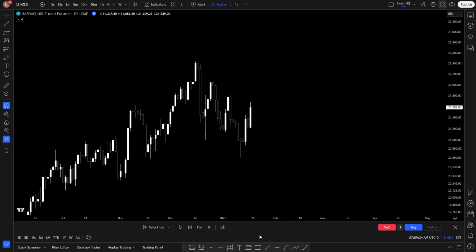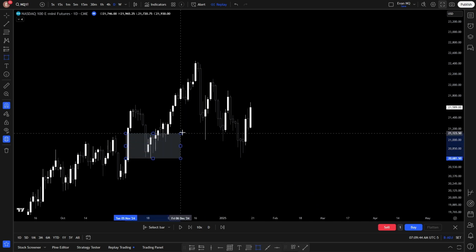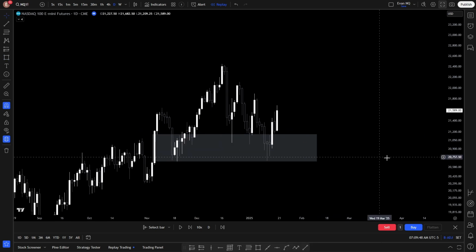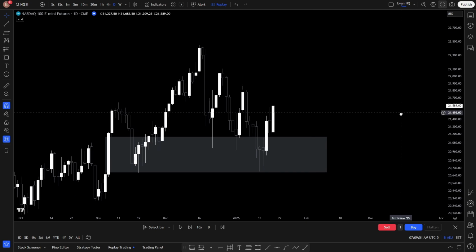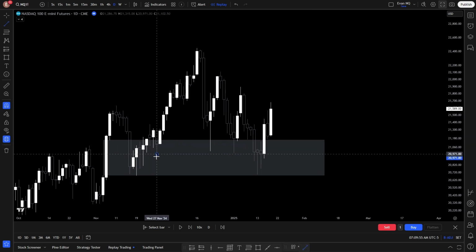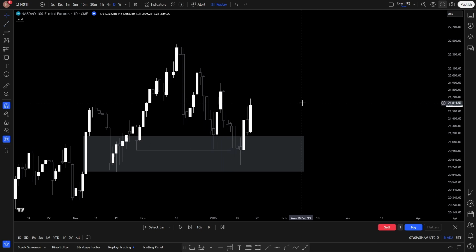So usually when I try to find the draw on liquidity, I try to go to the higher time frame first to look for that higher time frame draw on liquidity, that bigger time frame direction. So what do I see? All the way to the left, I see that we have a big daily fair value gap that we're holding, right? And then I also see that we have these sell side levels swept right here.